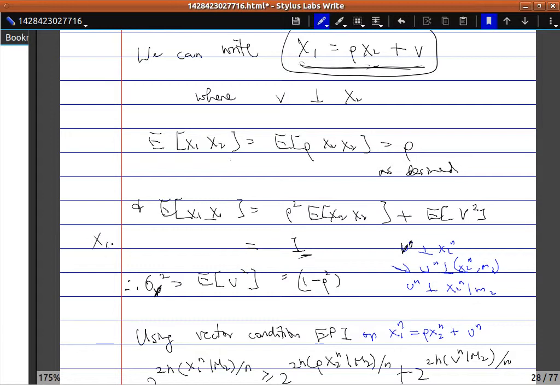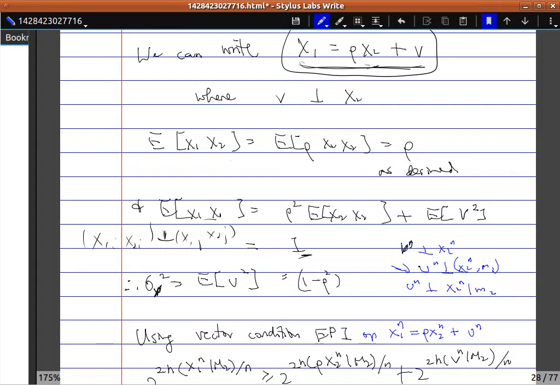What I want to say is that (x1i, x2i) is independent of (x1j, x2j) when i is not equal to j. So therefore we have the entire vector Vn independent of x2n.